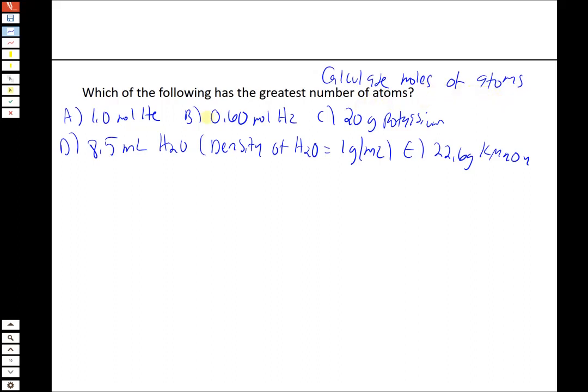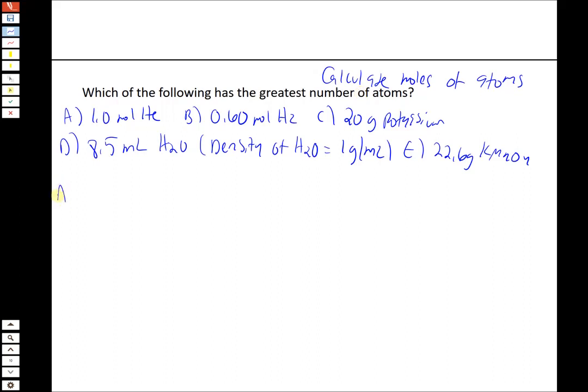So whichever of these has the largest number of moles of atoms is also going to have the largest total number of atoms. You could go through the full series of steps and calculate the number of atoms in each of these, but then you'd be comparing large numbers with exponents, and it's easier to make a mistake on those. So I think it's simpler to just calculate the one that has the most moles of atoms, and that one would also have the largest number of atoms.